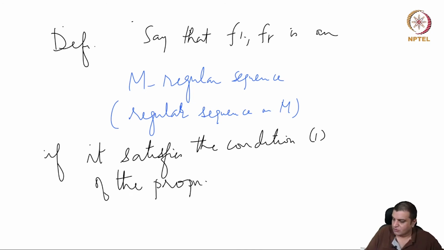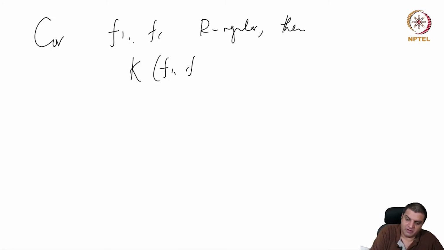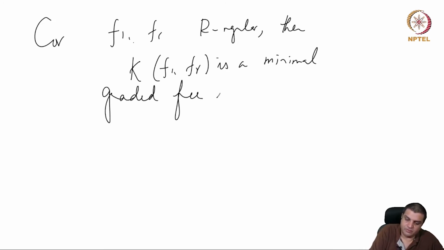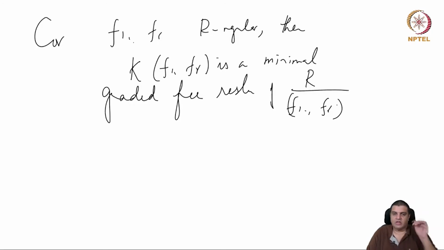Okay. So then corollary, if F1 through Fr is R regular, then the Koszul complex on F1 through Fr is a minimal graded free resolution of R mod F1 through Fr. Okay.